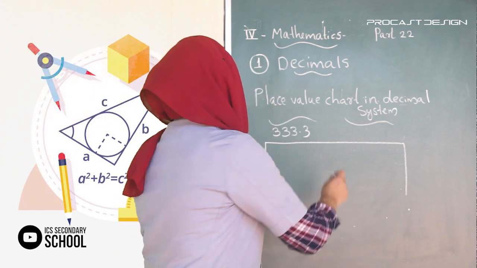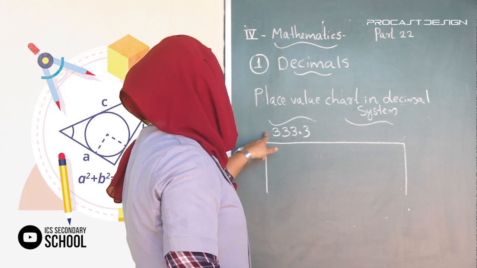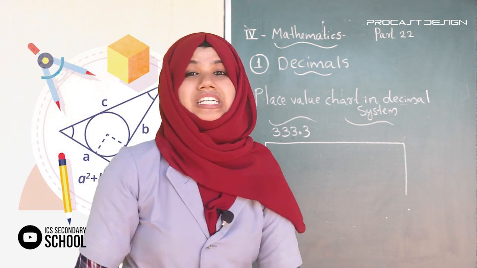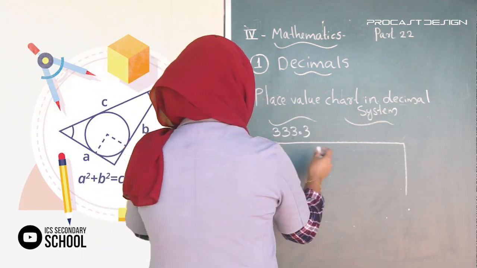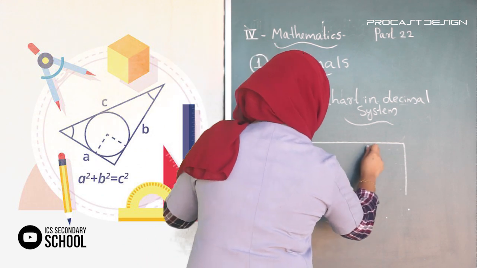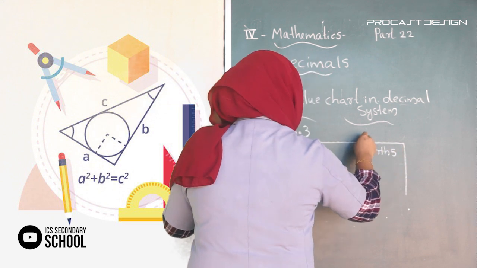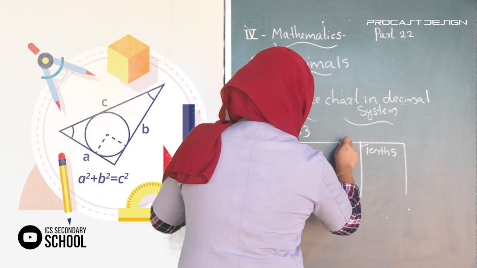This is the ones place, tens place and hundreds place, and after the decimal point the place is called the tenths place. Which place? Tenths place. It is not tens, it is tenths. Tenths place, and this is the point.